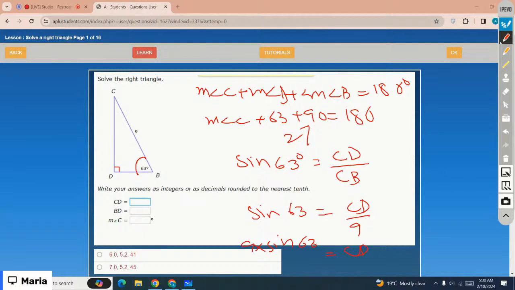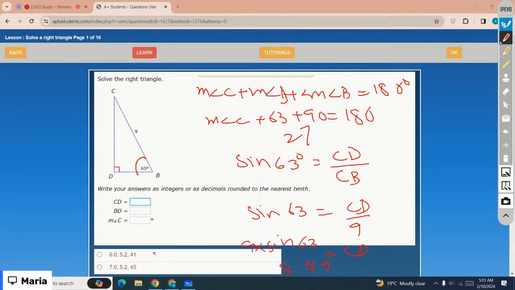So 0.8910 times 9. That is 8.019, but they all have different values.